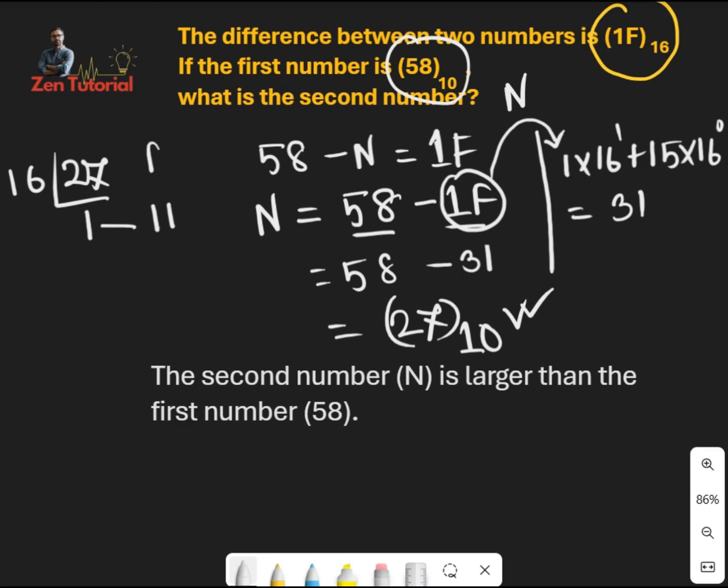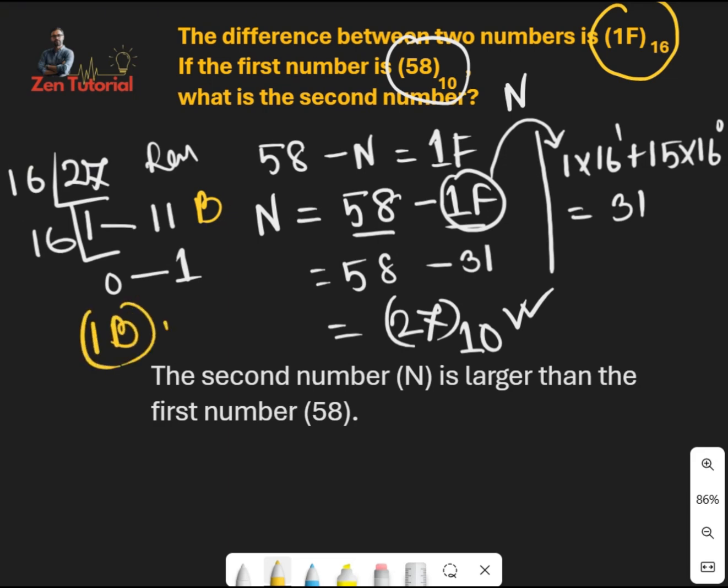Again, we divide by 16, so this will be 0 and the remainder will be 1. And of course, the remainder 11 represents B. So the final result, I mean the second number in hexadecimal, will be 1B. So this is the answer actually.